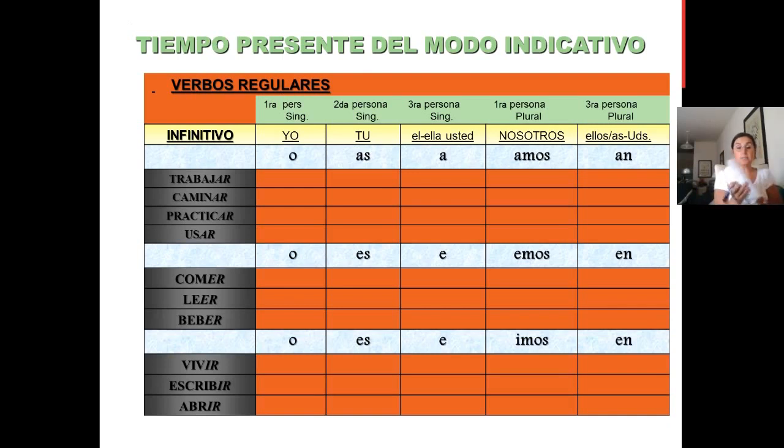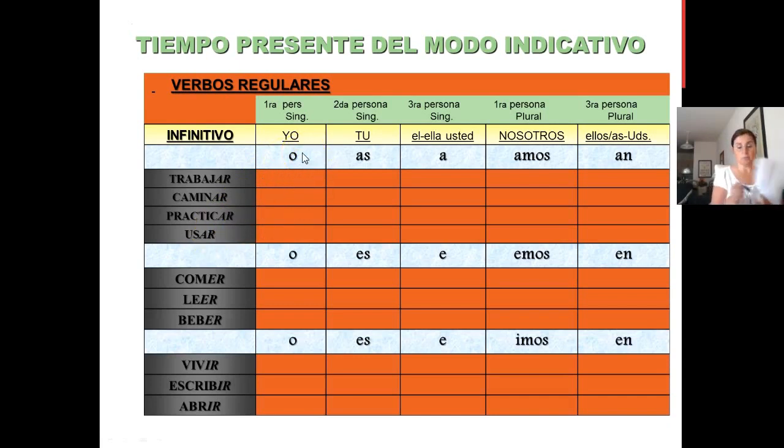In this case, we know that this is el tronco. And what you're going to put over here, we know that is an -ar verb ending. So it depends on what you have in the subject. It tells you over here, if yo is in the subject, you need to replace the R with this letter.